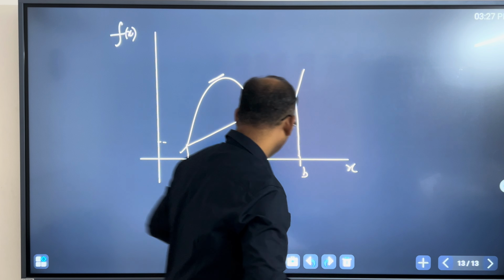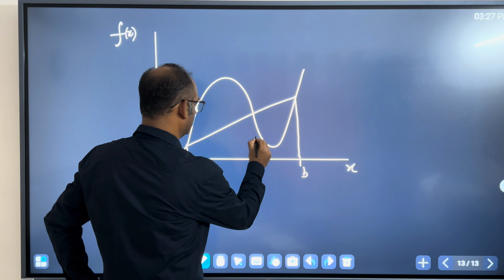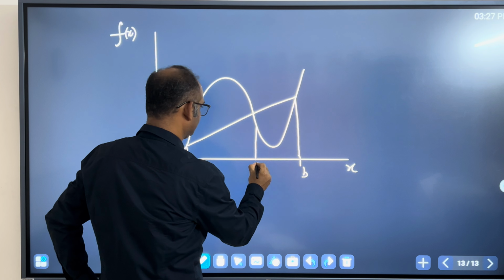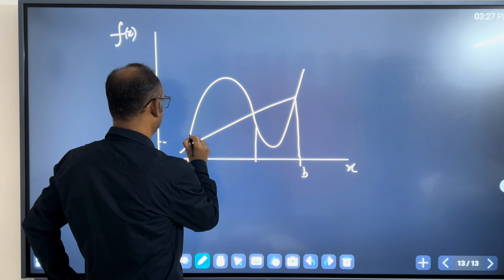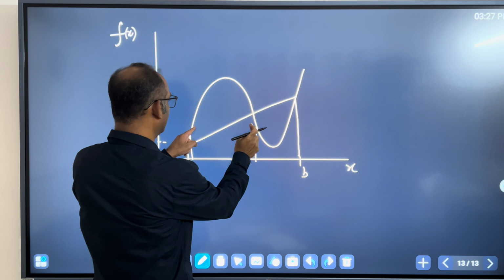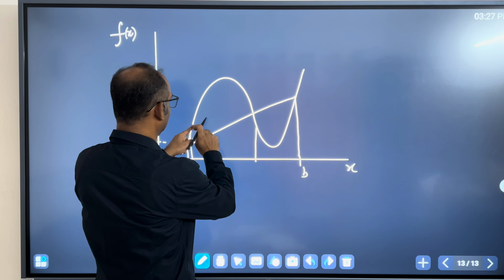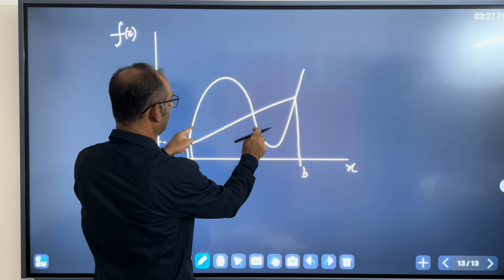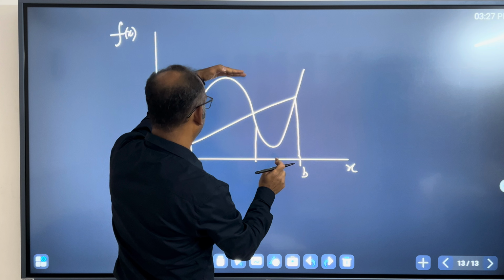So you say, okay, good. If I look at this interval, within this you can find two places where the endpoint values are equal. Correct? So it will be flat at some point.